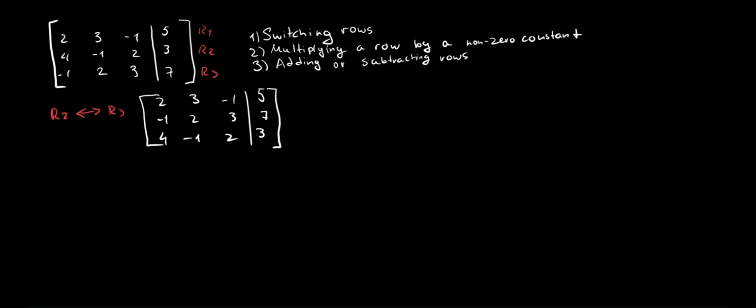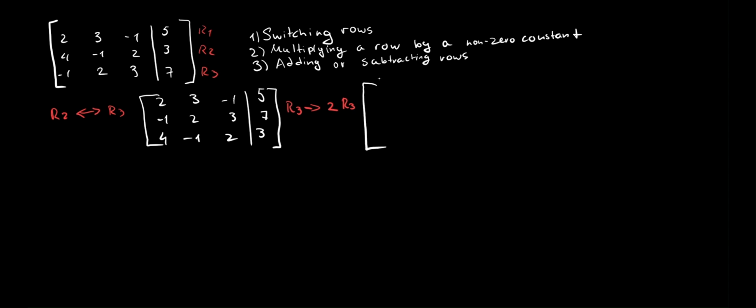Now let's use the second row operation and multiply row 3 by 2. So we're gonna write R3 will be 2 multiplied by R3.